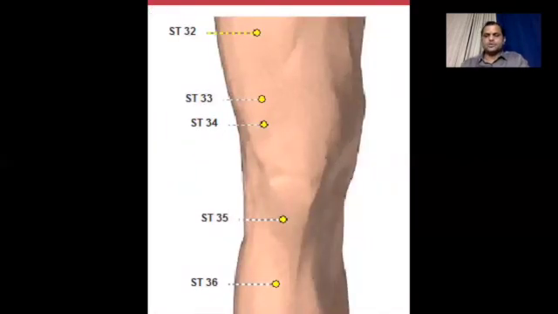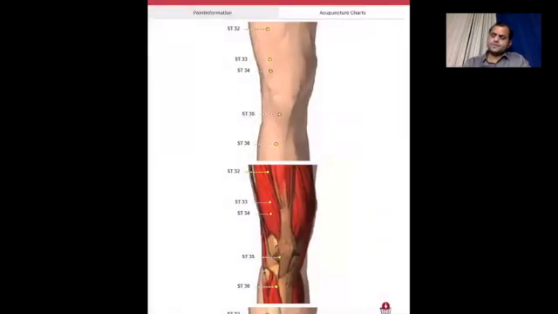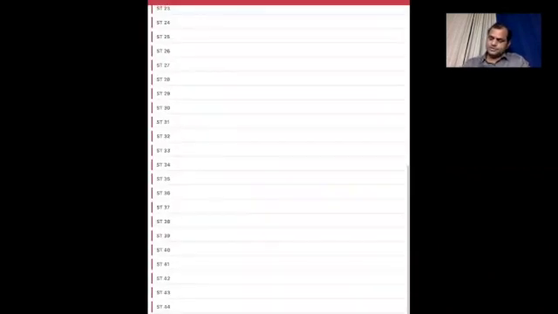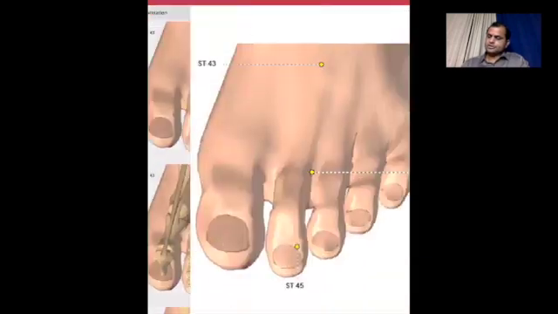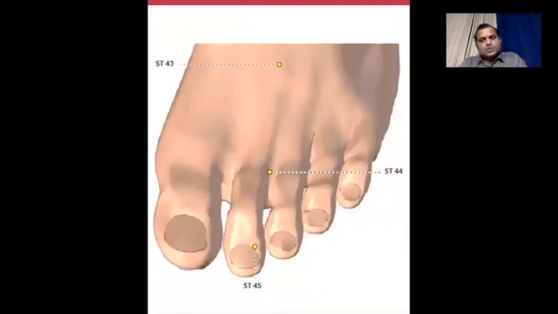So whether we talk about the frontal part of the chest, abdomen, legs, or knee, finally it is ending on the index toe, because it started from the index finger. So this is the last point of the stomach meridian, that is stomach 45.